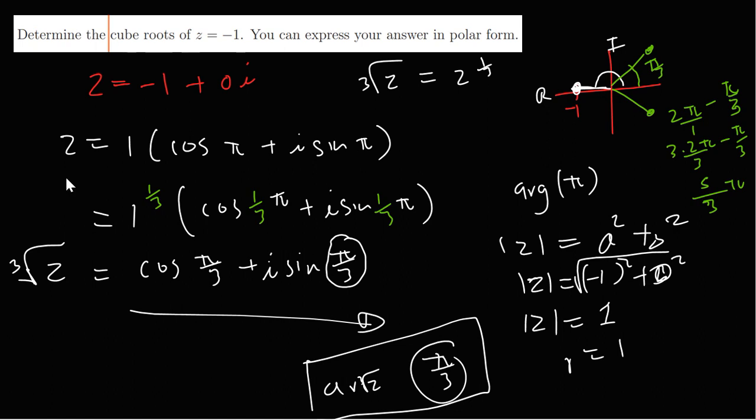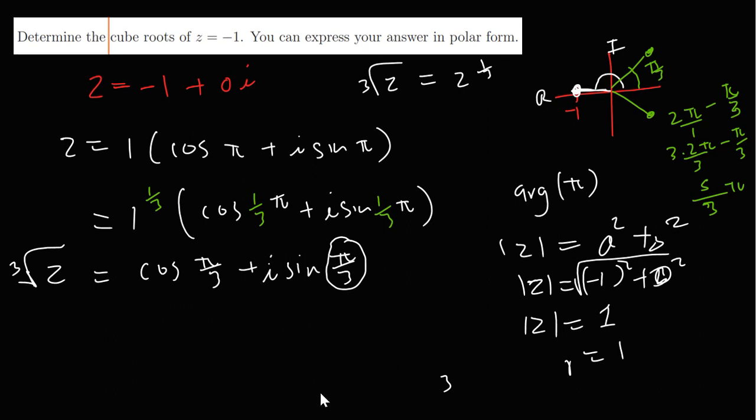So this is also true. We're not going to have one solution, we have another solution here, which is going to be z under a cube root: cos 5 pi all over 3 plus i sine 5 pi all over 3.